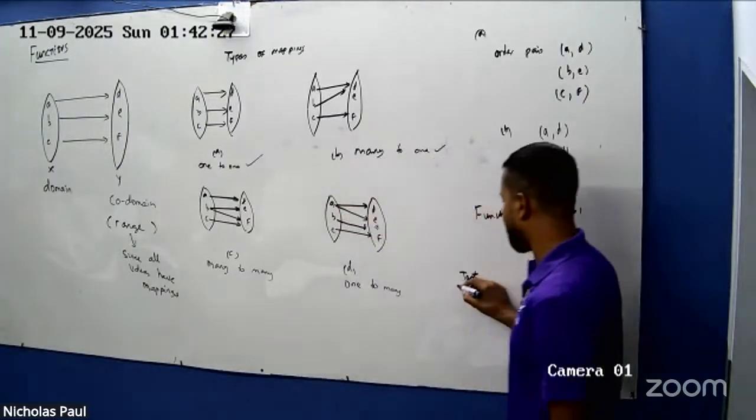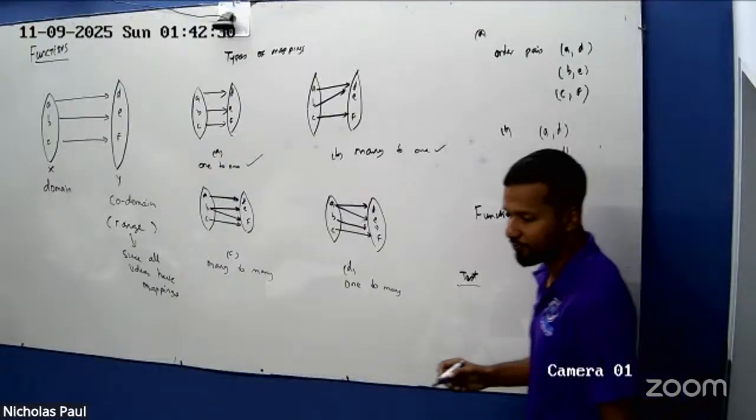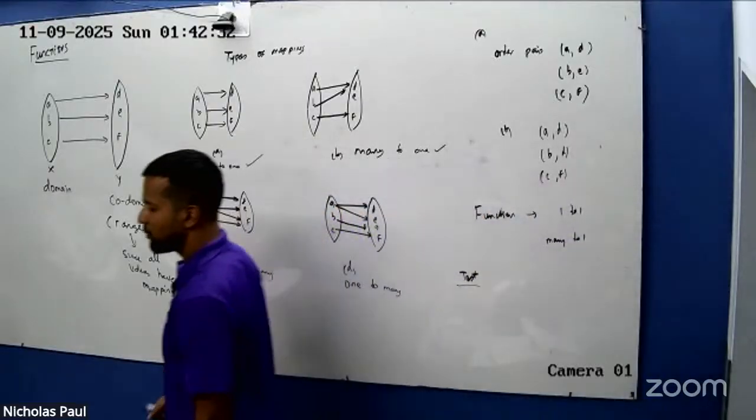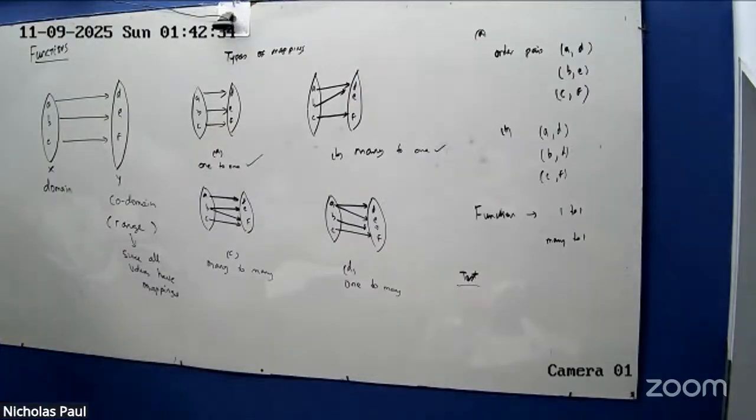There's also a small test if we have a graph: the vertical line test.